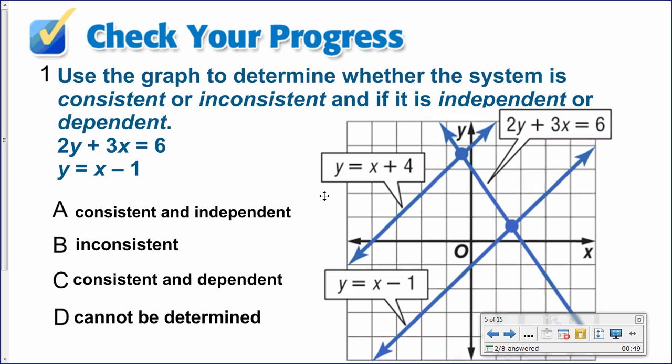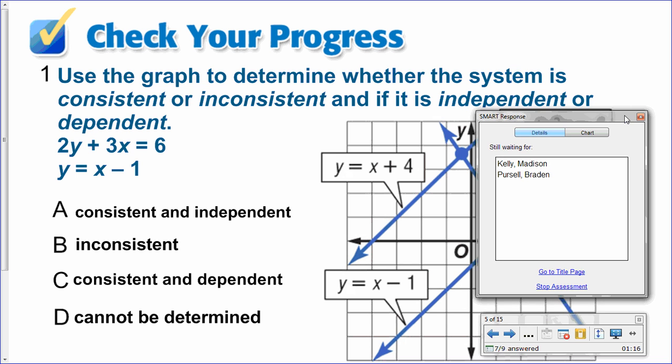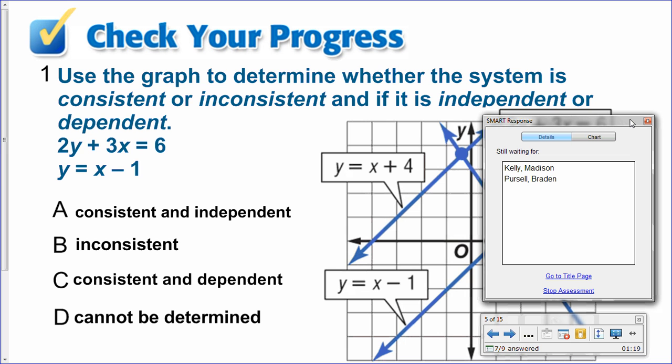I don't think everybody's logged in. Who's not logged in? But really, it shouldn't take you that long to answer these. Make sure that you're writing your answer choices on your cards. Keep trying.